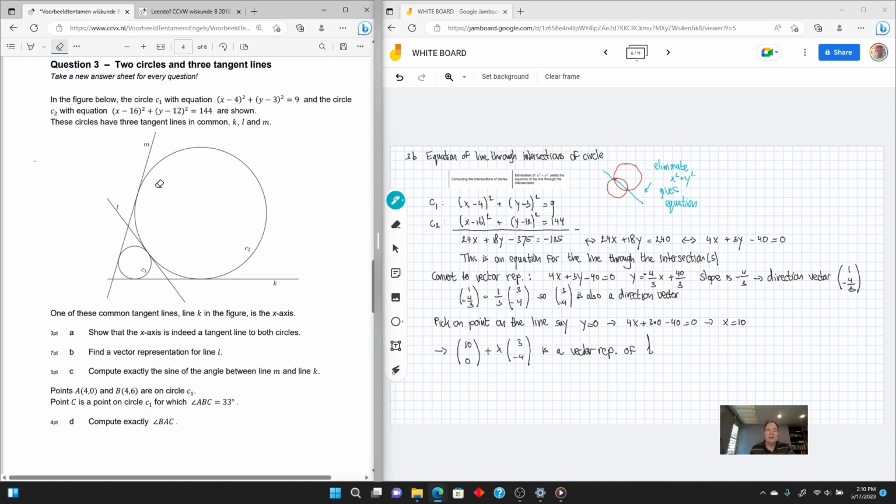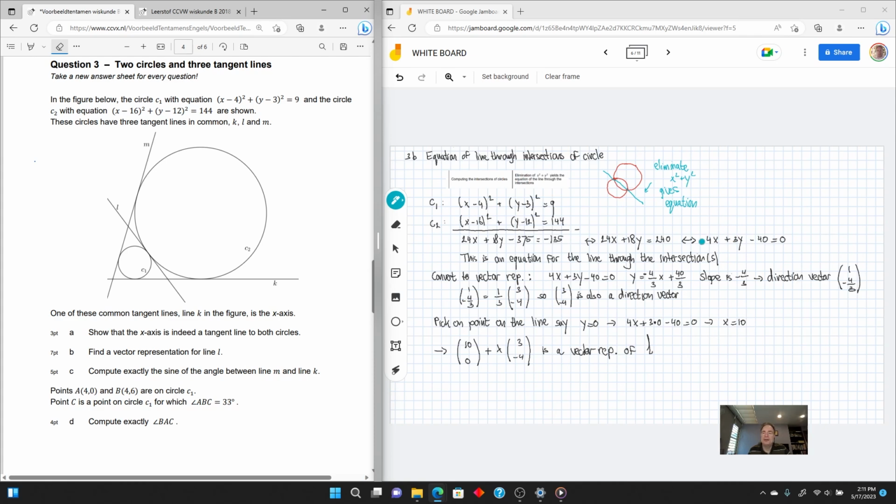And that result will give me an expression for this line. Let's do that. This is the expression of circle 1, circle 2. You just work this out and then subtract. And what you will get is this expression here, 4x plus 3y minus 40 is 0. And that's an expression of a line.